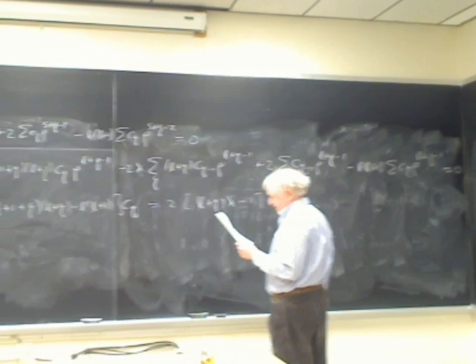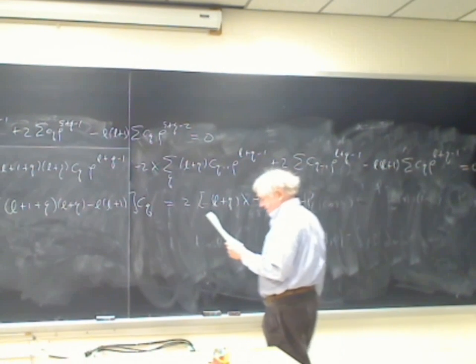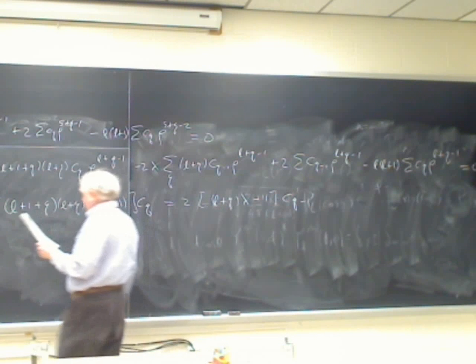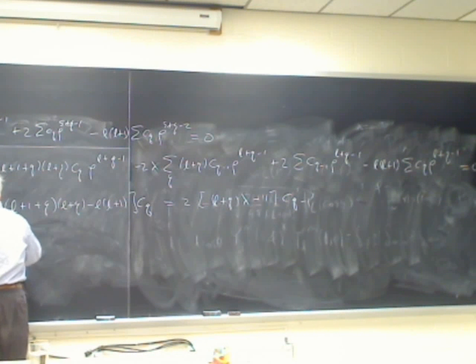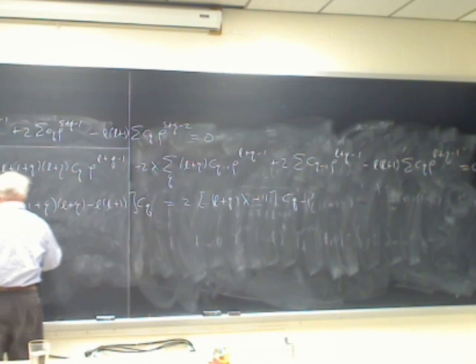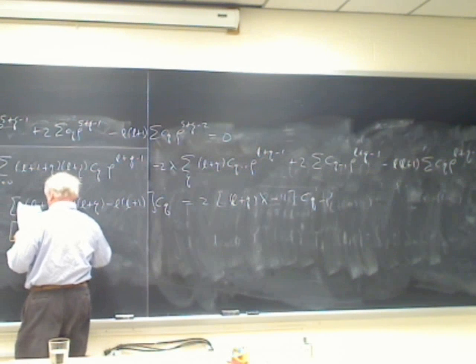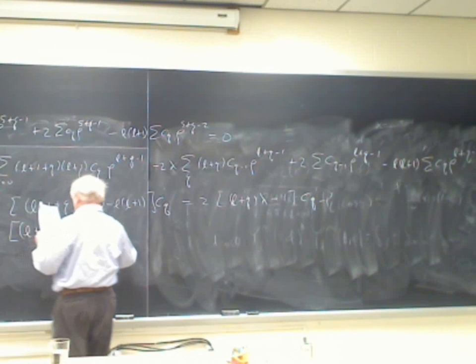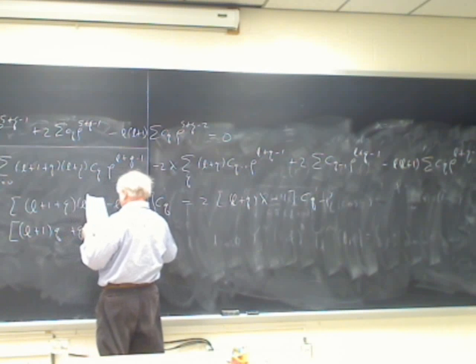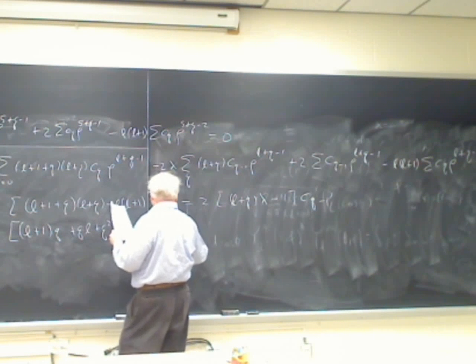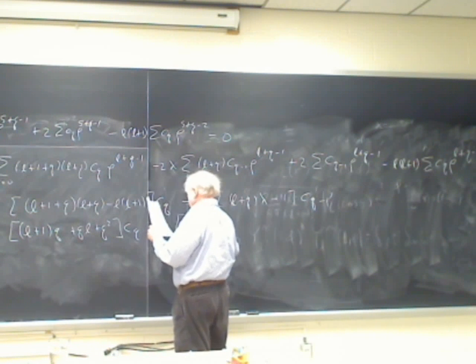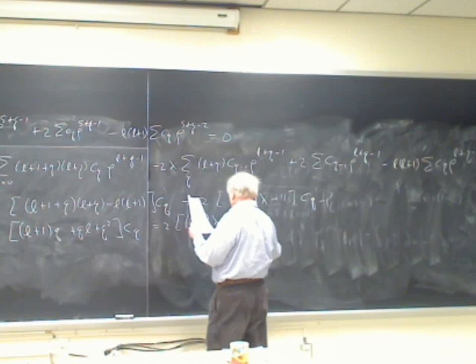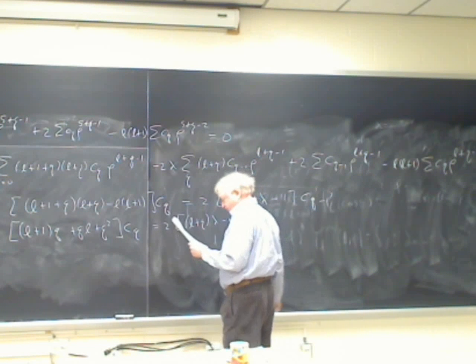Okay, well that can be simplified somewhat to (l plus 1)q plus ql plus q squared c_q equals 2 times (l plus q) lambda minus 1 c_{q-1}.